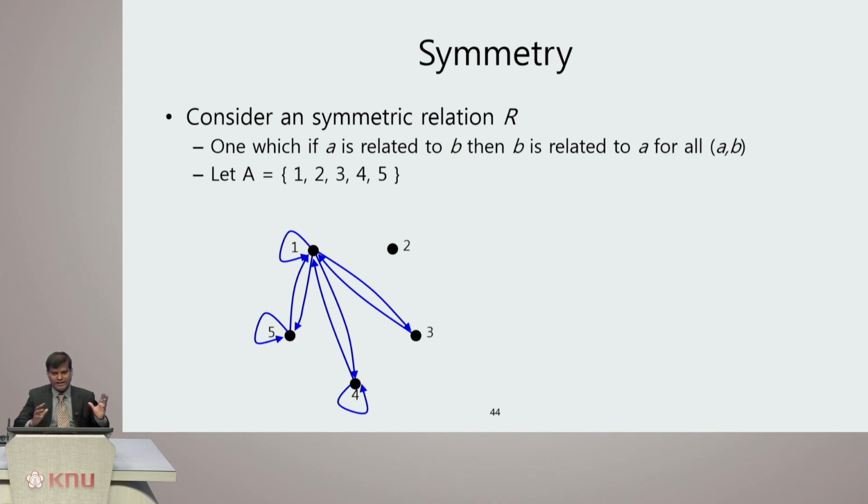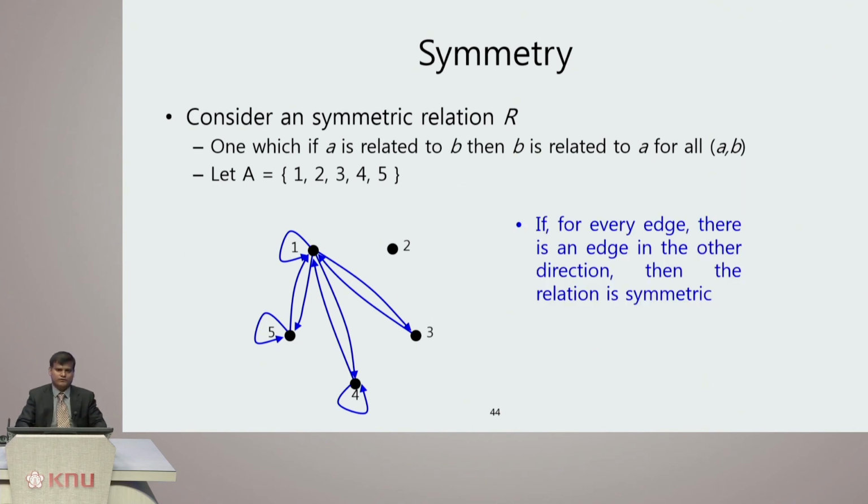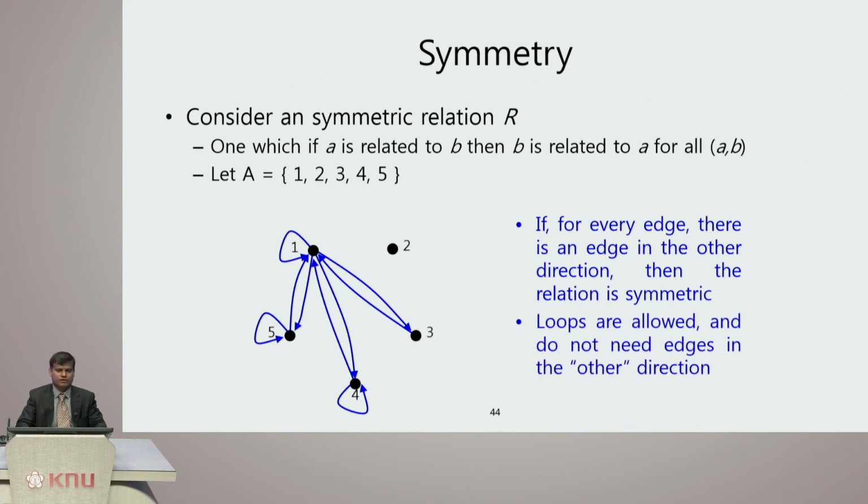If 1 is related to 5, then 5 is related to 1. So if for every edge there is an edge in the other direction, so these arrows we call edges, then the relation is symmetric. Loops are allowed and do not need edges in the other direction. Yes, we have loops that have been allowed here.